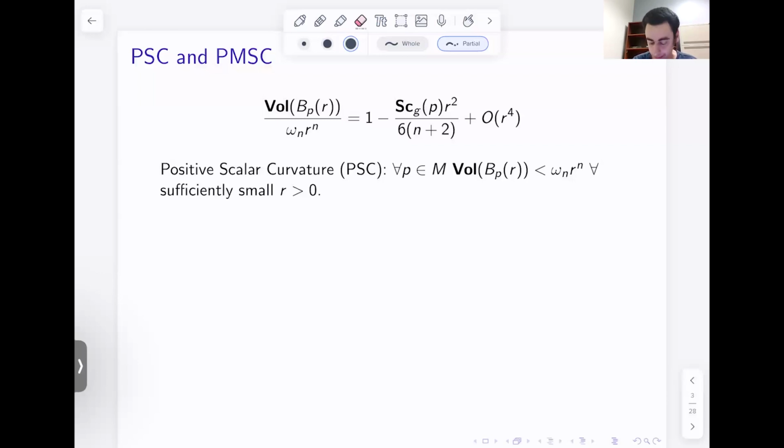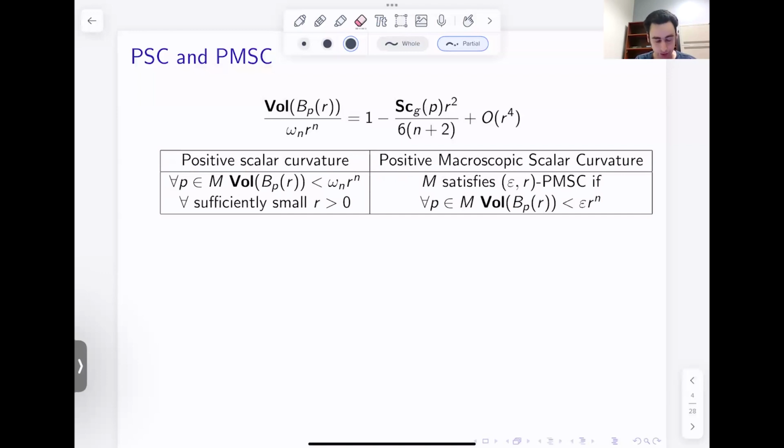So let me be a bit more precise. We have this way of characterizing positive scalar curvature as very small balls having volume less than Euclidean, but we could also fix some particular scale r and some particular constant epsilon, which doesn't have to be the volume of the unit ball, could be something smaller, and demand that the volumes of that radius are less than that.